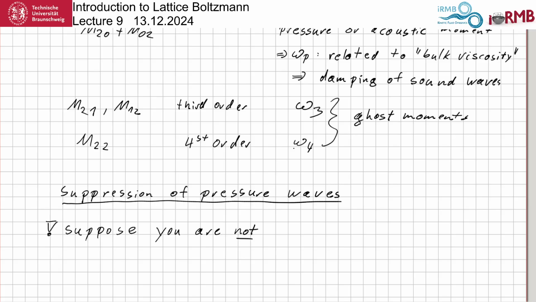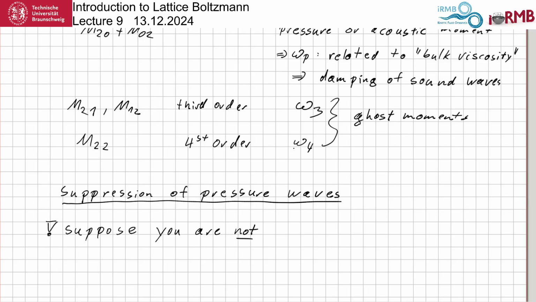And so if you have a different idea than MRT, then you can trash MRT by saying, oh, they are just increasing the bulk viscosity and this makes them stable, and then you have no chance of doing acoustics with this because you artificially increase the damping of acoustic waves.